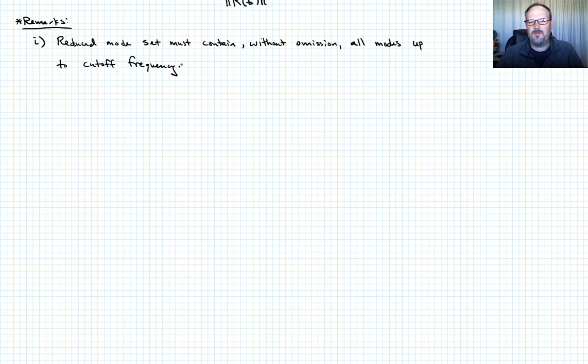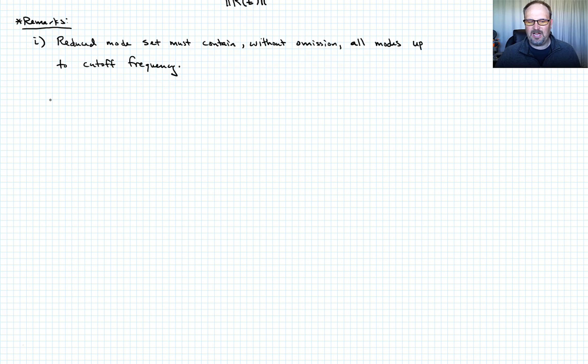So what does that mean? That means that if I, let's say, pick 10 hertz to be my cutoff frequency, I say I think that my problem can be approximated by all the modes up to 10 hertz, but nothing above it. If I choose that, then I am obligated to choose all the modes from 10 hertz and below. I can't say, well, I don't really care about the 5 hertz mode. No, you can't do that. You have to have the entire set, okay?